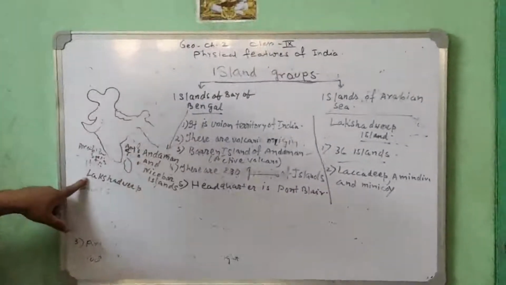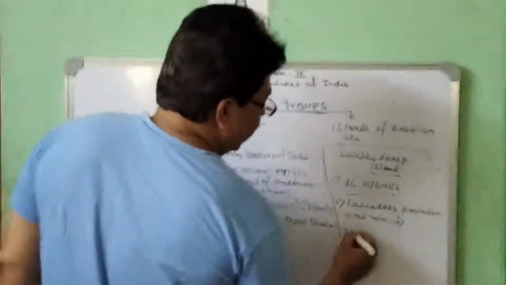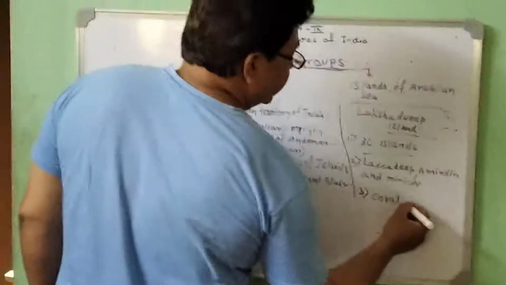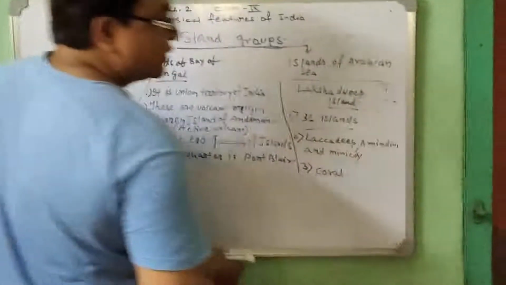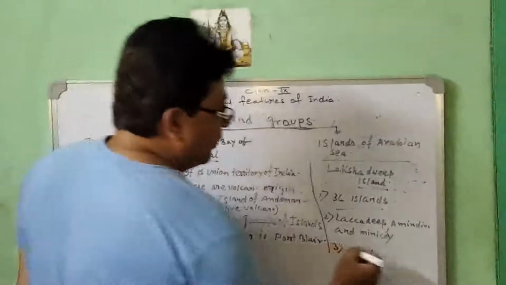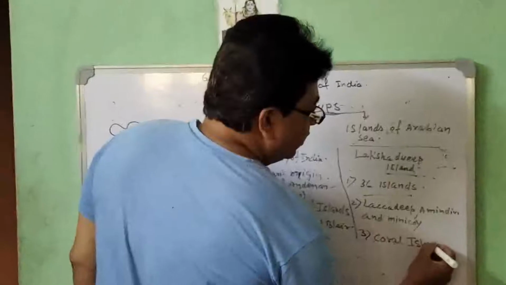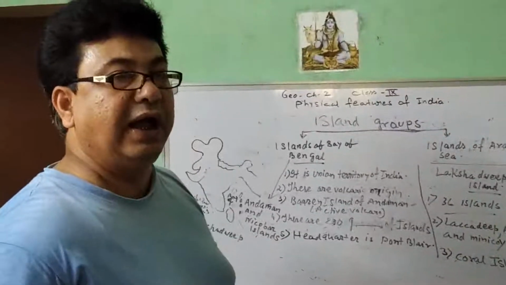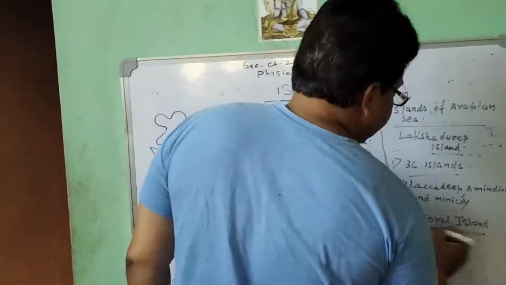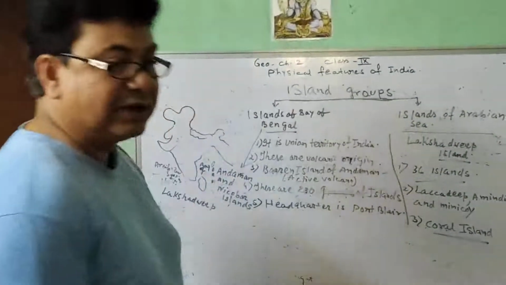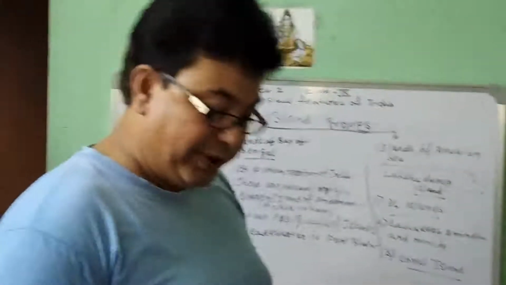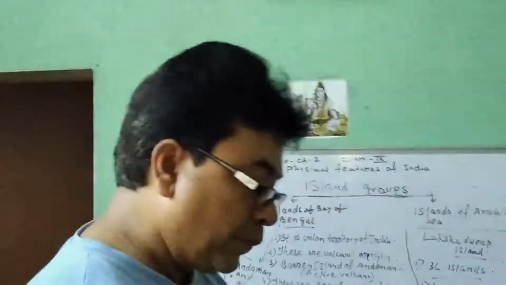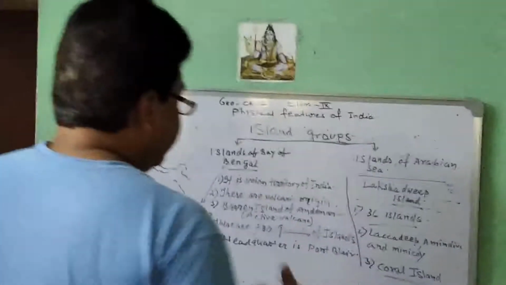These islands are called coral islands. Naturally, they are made by the deposition of coral. Coral means the dead bodies of plants and animals and their polyps deposited higher and higher, forming the island, known as coral islands. So, Lakshadweep is a coral island. It is economically important, directly related with fishing and other activities, and famous for its natural beauty.